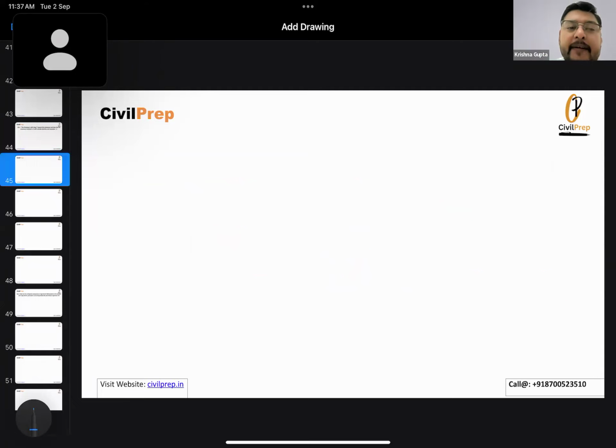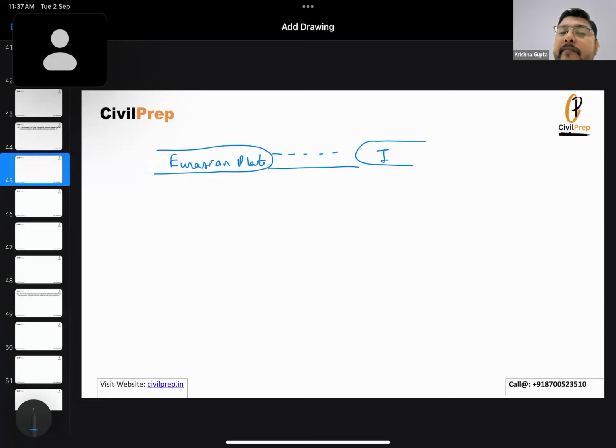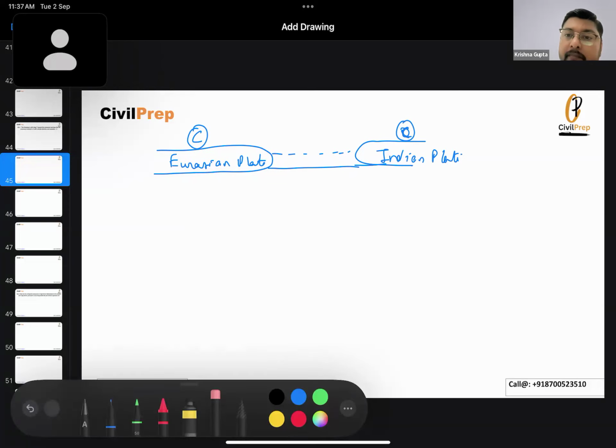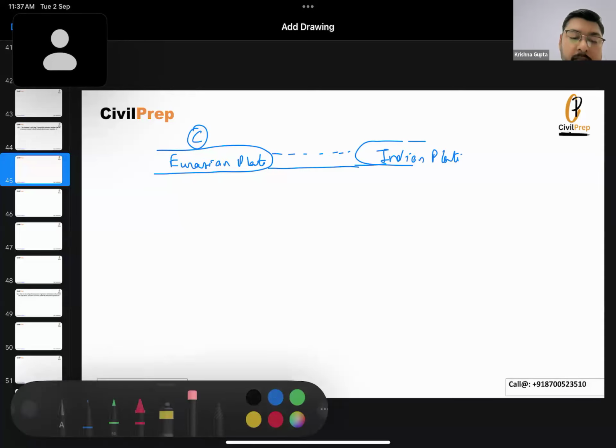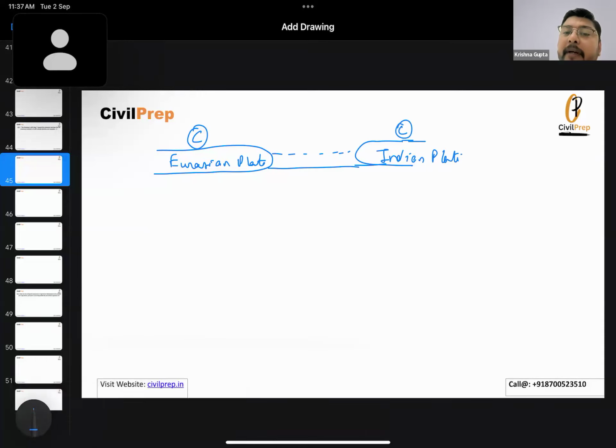So here we'll be seeing the factor as this is the Eurasian plate. This was the Tethys Sea, and this was the Indian plate. Here we see that this is a continental plate, this is an oceanic plate, and this is also a continental plate. But this part of the Indian plate is an oceanic plate. This is Tethys.